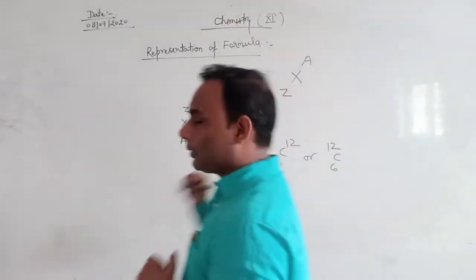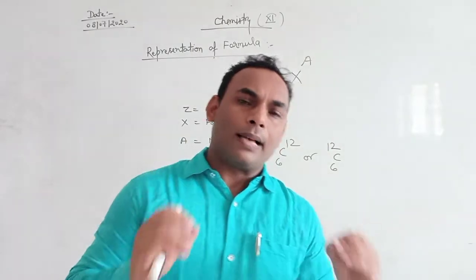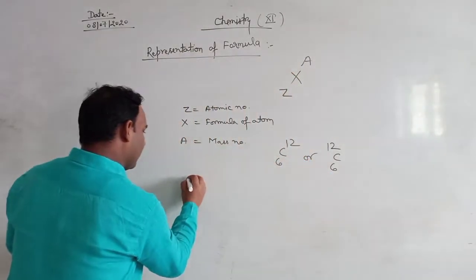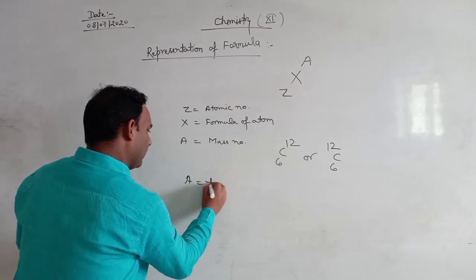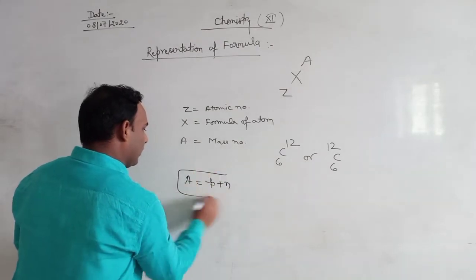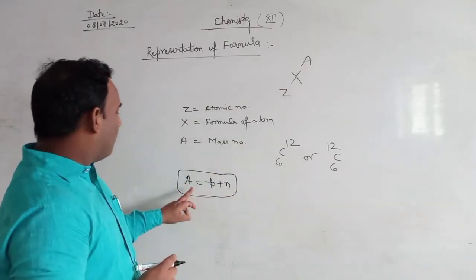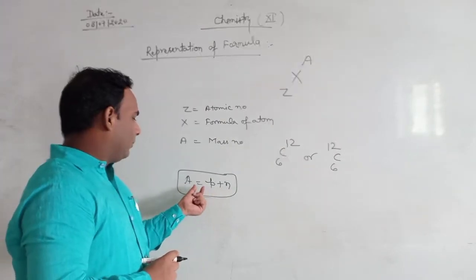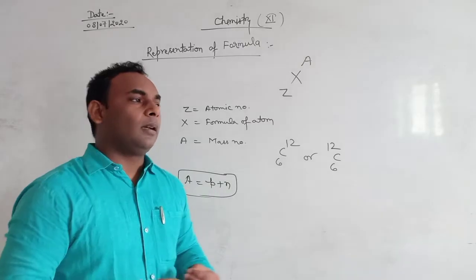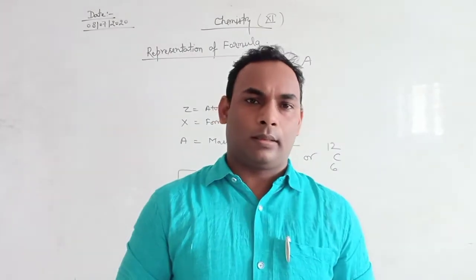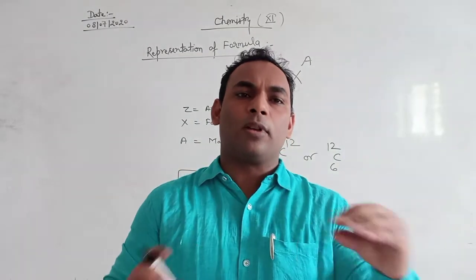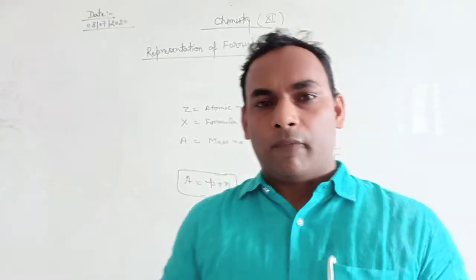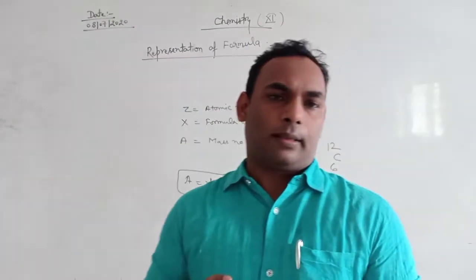Now mass number. It is represented by A equals P plus N. It means the mass number of any atom will be equal to the number of nucleons, and the number of nucleons equals the total number of protons and neutrons present in the nucleus.